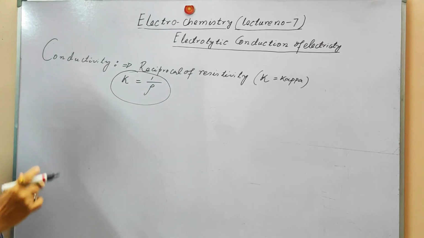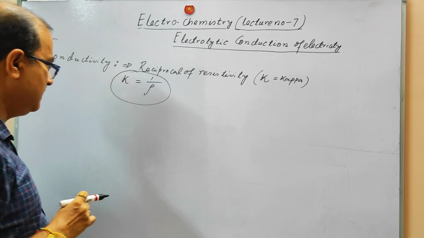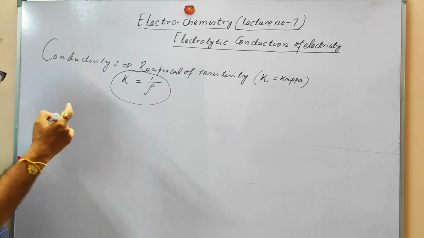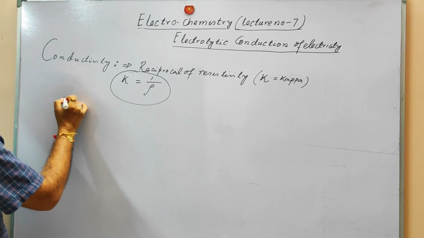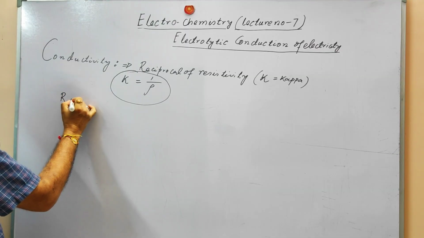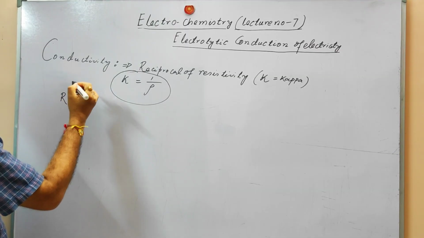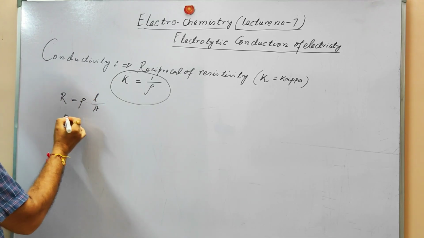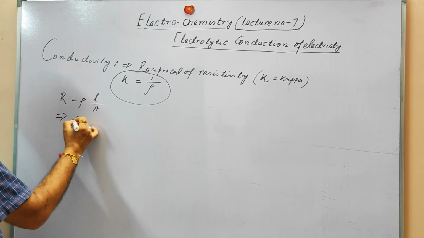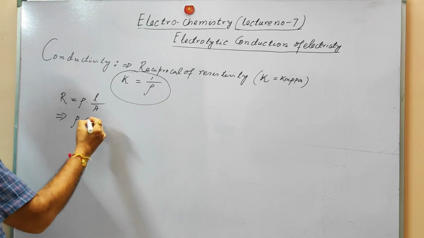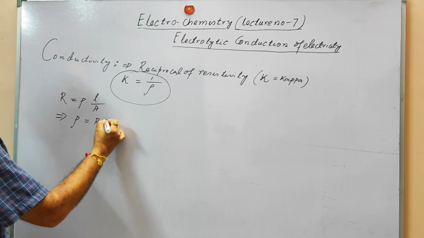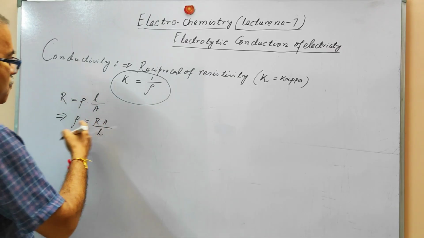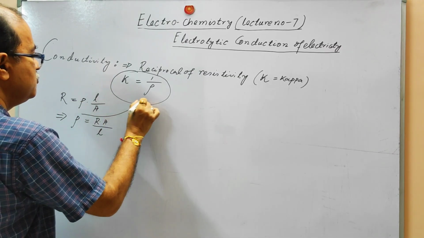So how do we define this conductivity? Let us understand. In the previous discussion we know that R is equal to proportionality constant into L by A, right? From this we can see that rho, that is the resistivity, is equal to R into A by L. So we can put this value here.